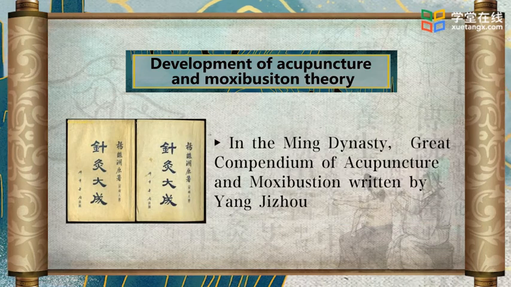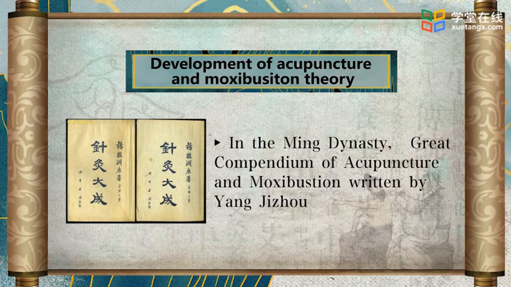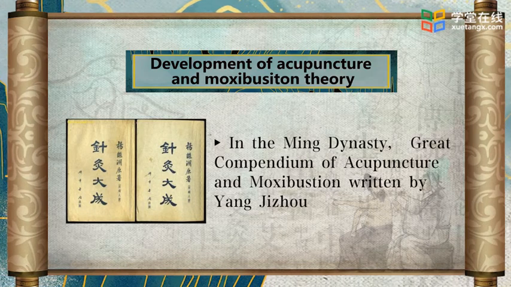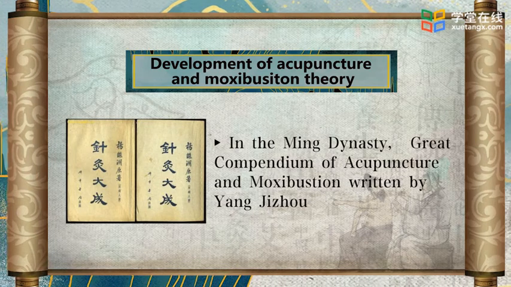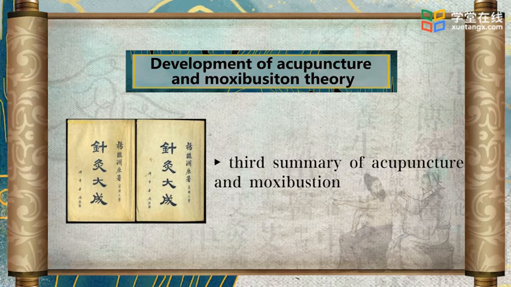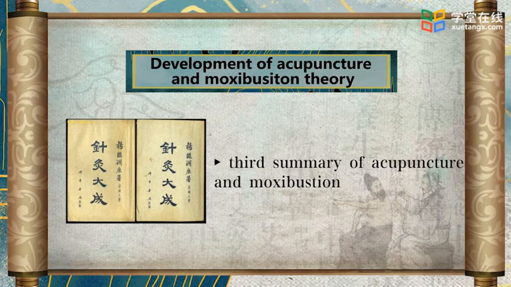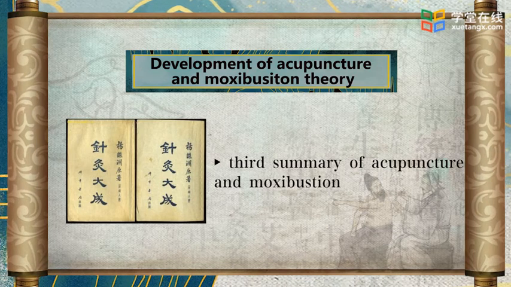In the Ming Dynasty, the Great Compendium of Acupuncture and Moxibustion, written by Yang Jizhou, had the most pronounced influence. This book is the third summary of acupuncture and moxibustion after the ABC Classic of Acupuncture and Moxibustion.